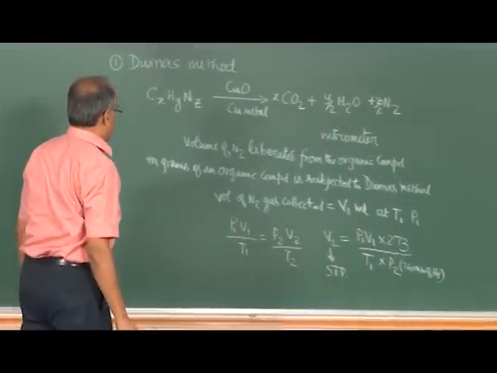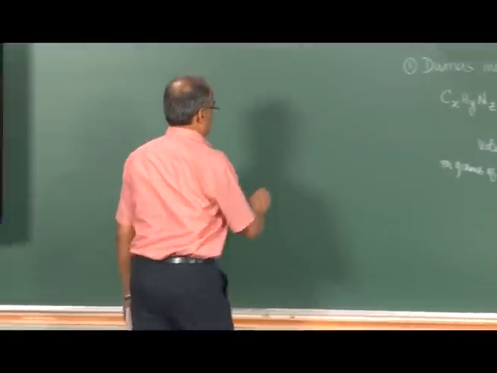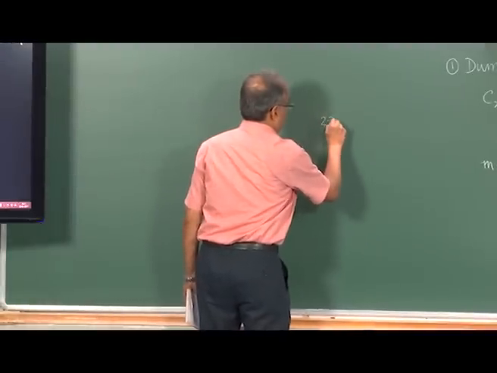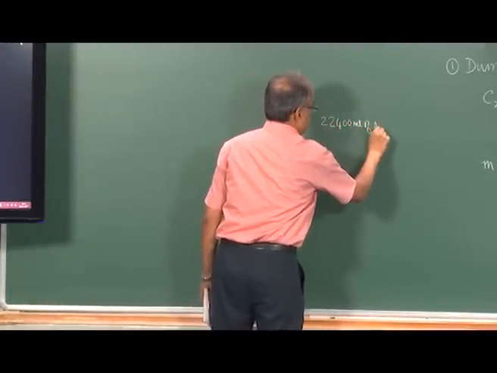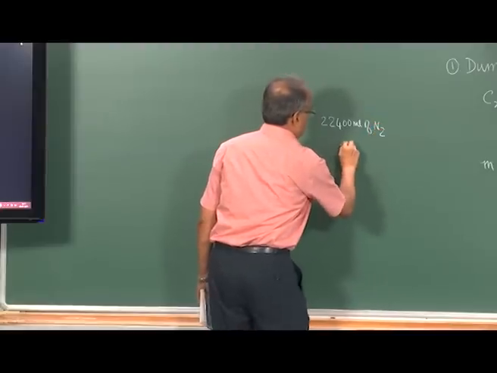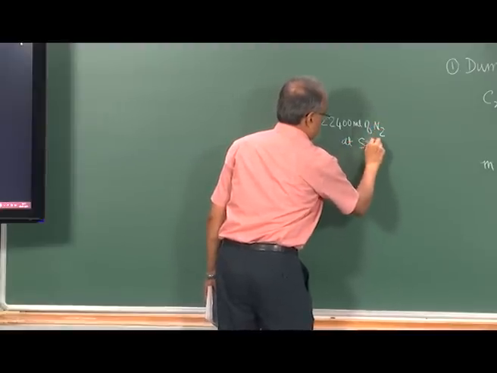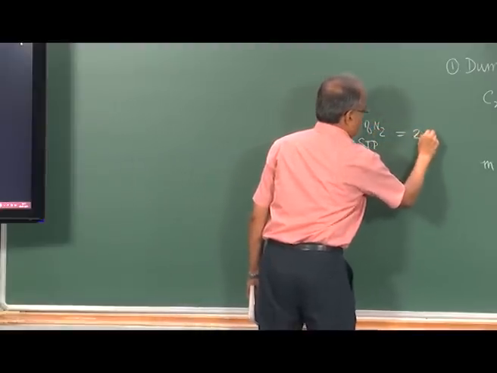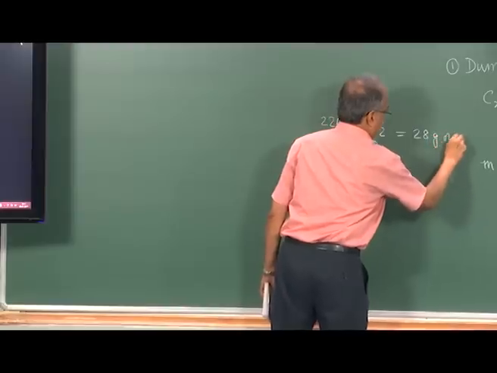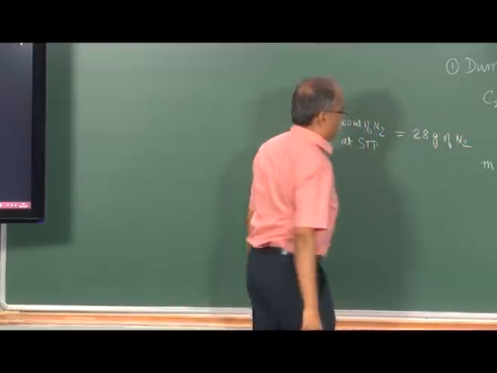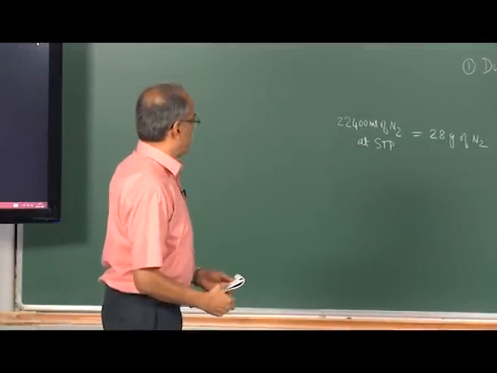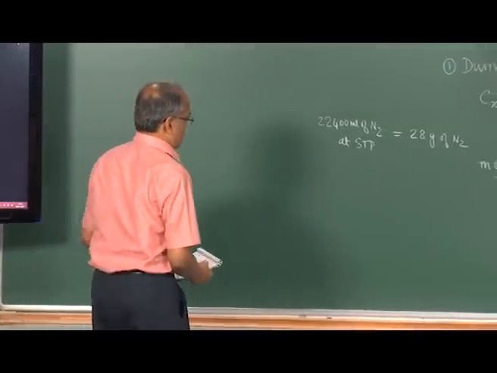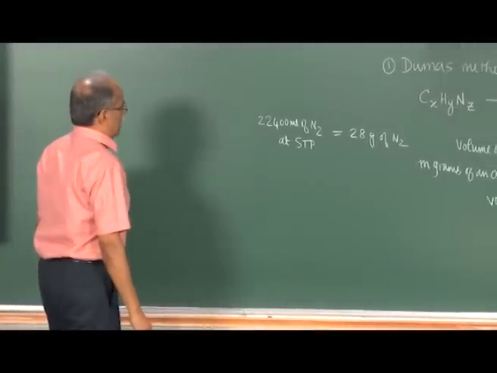Then one can use the expression, if you have 22,400 milliliters of nitrogen at STP, this would correspond to 28 grams of nitrogen. This is the 1 mole of nitrogen essentially contains 22.4 liters or 22,400 milliliters of nitrogen.